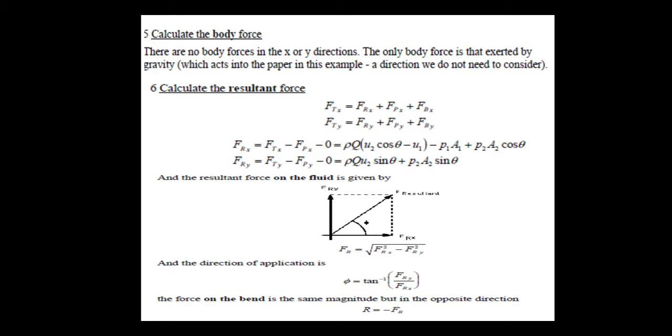Next, the resultant force on the fluid is given by the total resultant force Fr, which is equal to the square root of (Frx squared plus Fry squared). That is the resultant force Fr.